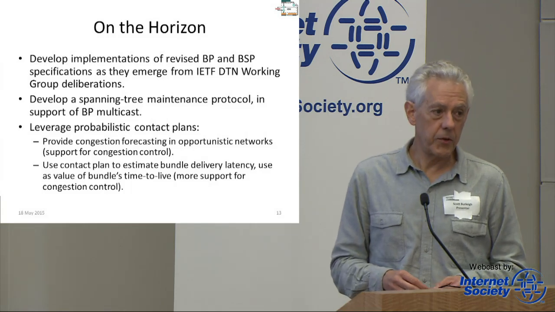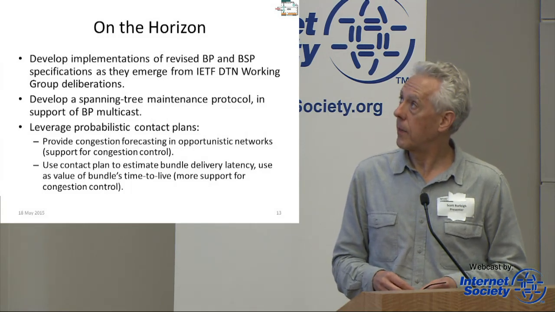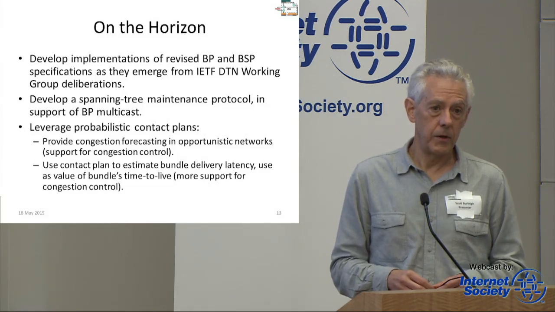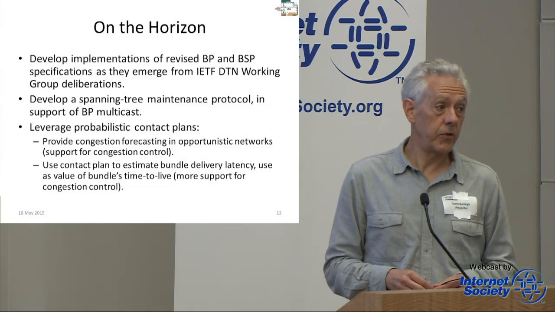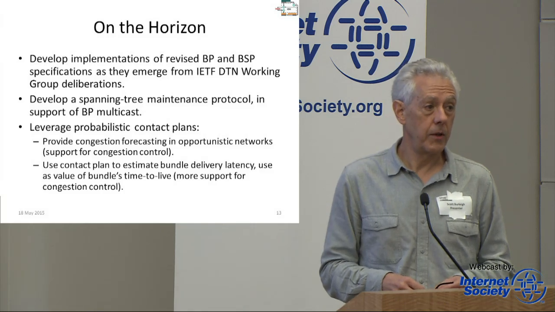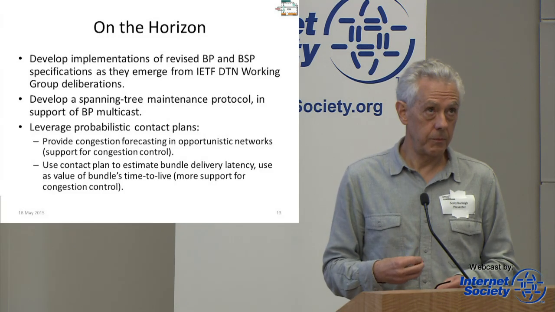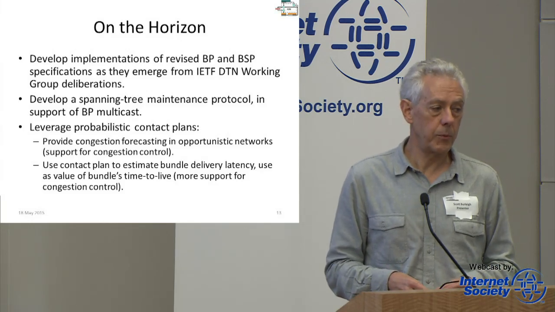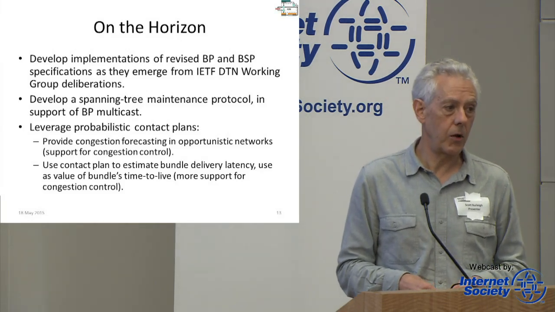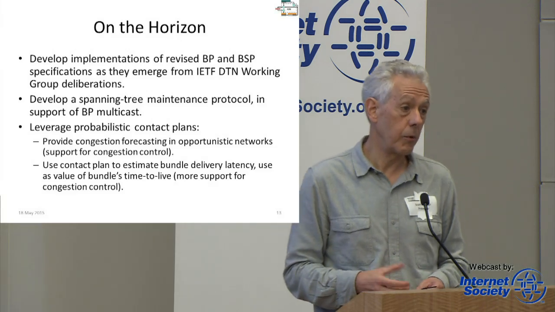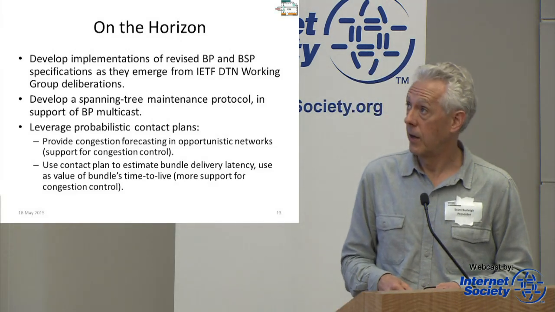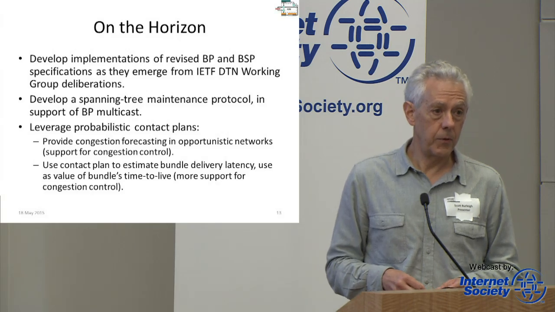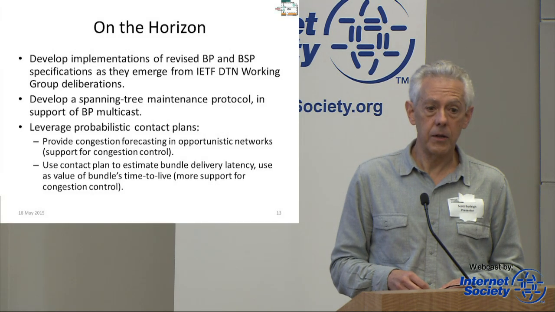Looking out after 3.5.0, one thing that's certainly going to need to happen is, as the Internet Engineering Task Force DTN Working Group comes up with new definitions of the protocols, revised specifications for bundle protocol and bundle security protocol almost certainly, and probably a few others as well, we'll need to reflect those changes in ION.